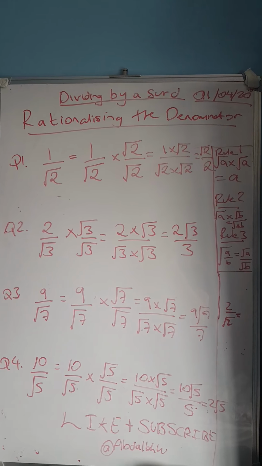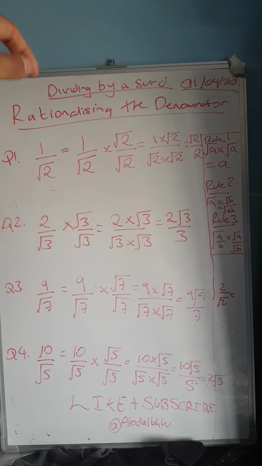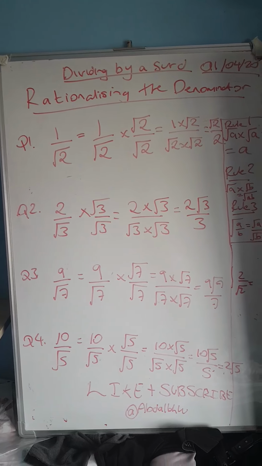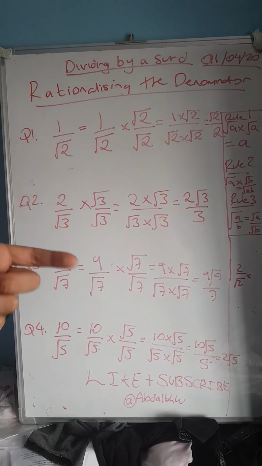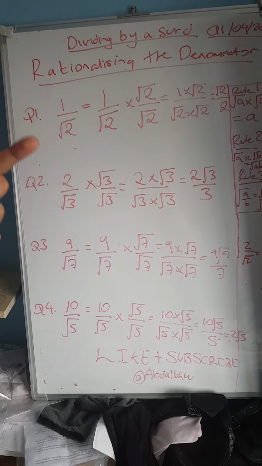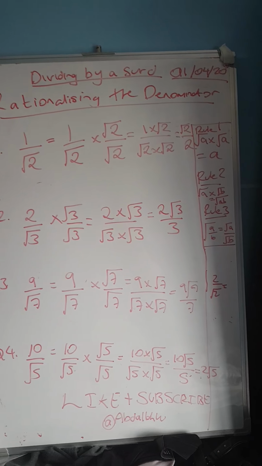The reason I'm doing that is because from our first lesson on surds, rule 1 says root A times root A will always give us A. So to get rid of root 2 I have to multiply it by itself, because root 2 times root 2 is the same as root 2 all squared. The square root and the square cancel each other out to give me a whole number answer. So that's why I multiply it by root 2 over root 2.